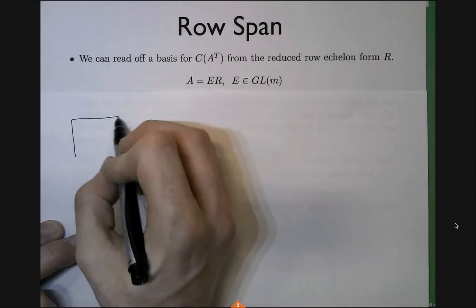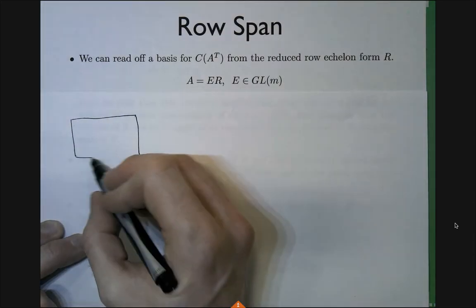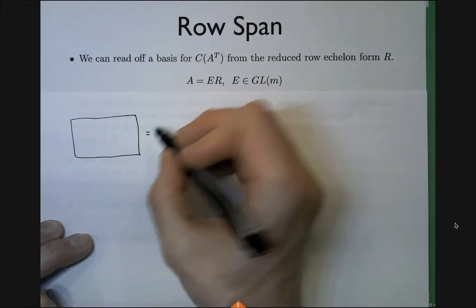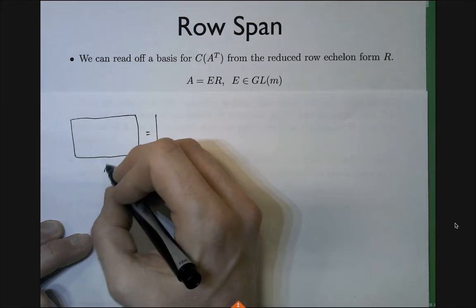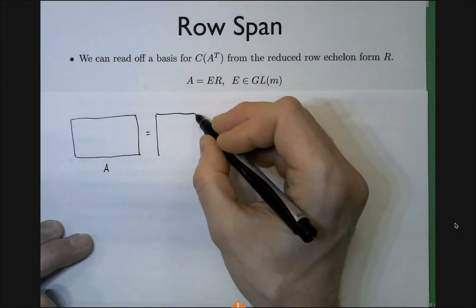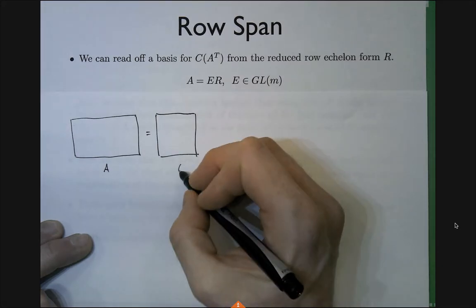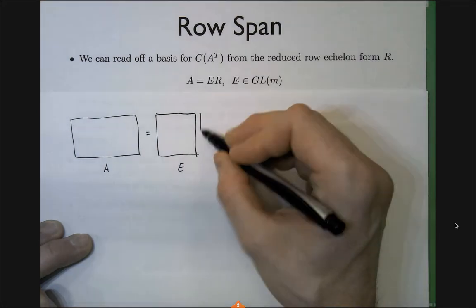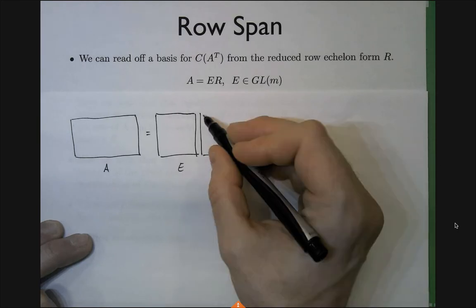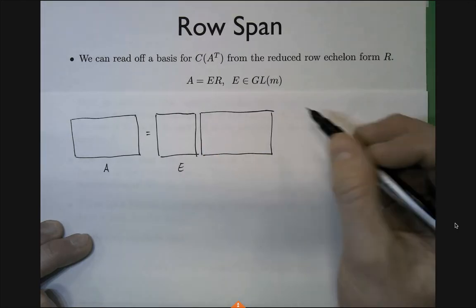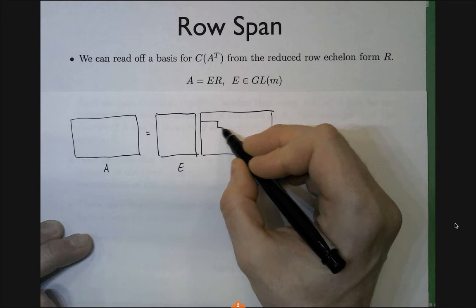So let's assume that A is like this type of matrix, for example. So this is A. And E is a square, m by m, invertible. So it's a good matrix. And R is the reduced row echelon form. So it's something like this, right?